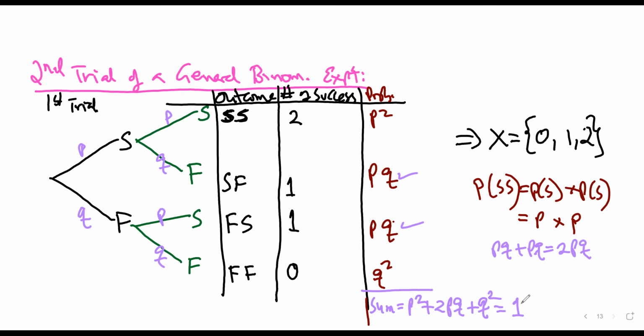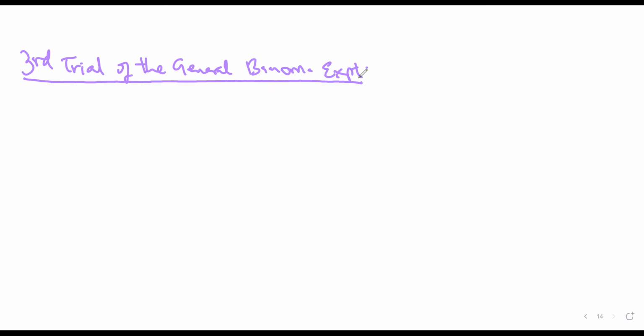So let's try a binomial experiment with 3 trials. So let's look at the third trial of the general binomial experiment. So here our tree diagram will have 3 levels of branches.